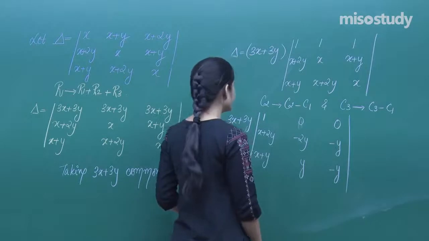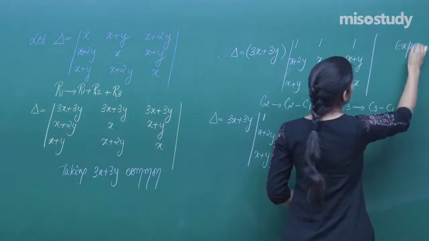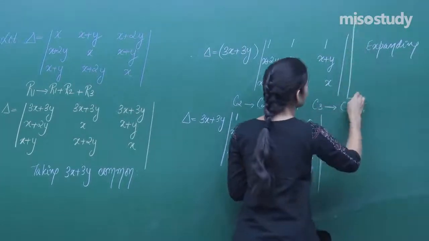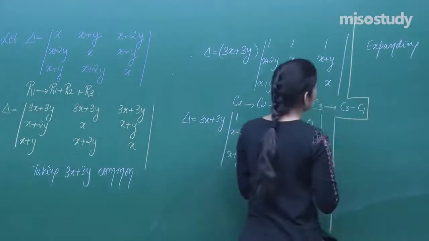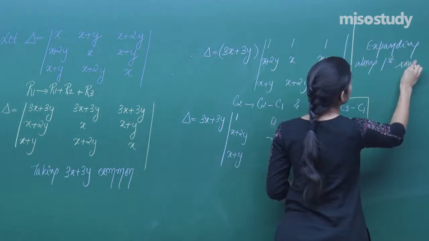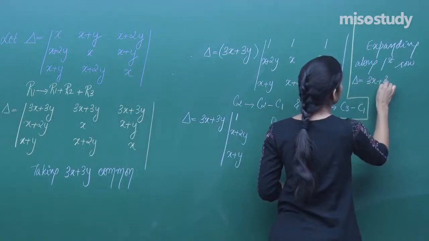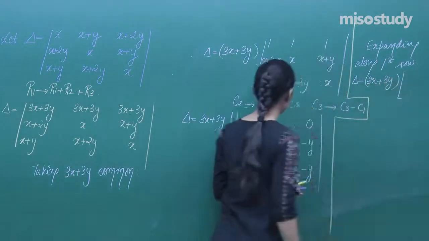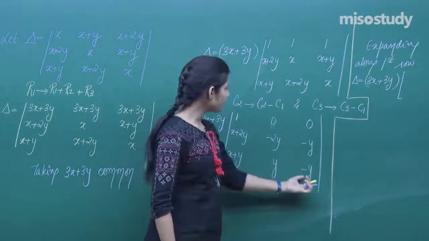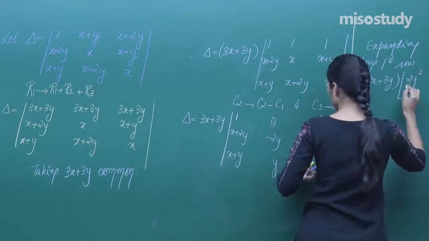Clear? Now you expand along the first row. So let me make this demarcation here. Expanding along the first row, we get del is equal to 3x plus 3y multiplied by, expanding along the first row, minus 2y into minus y, which is 2y square, plus y square.